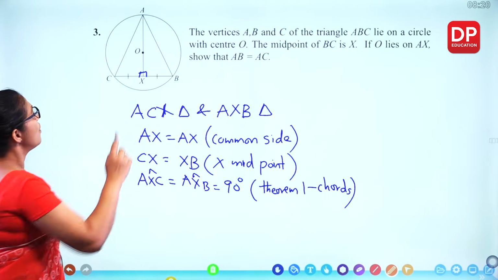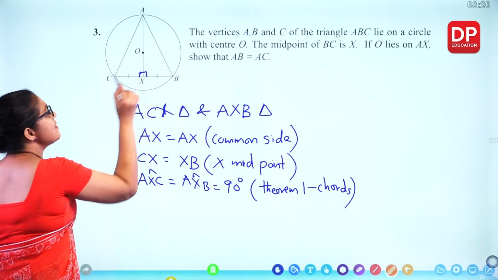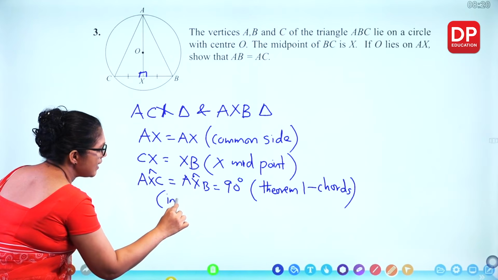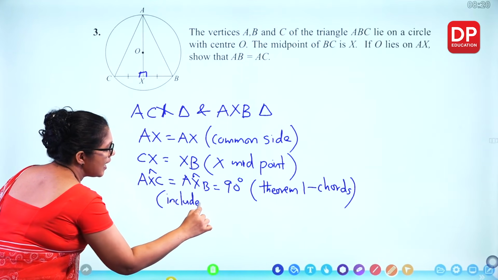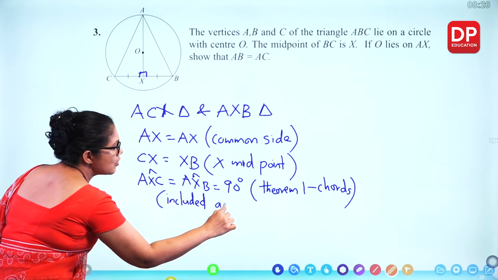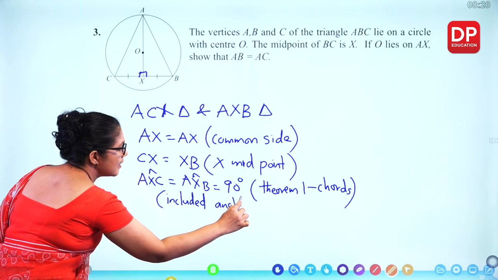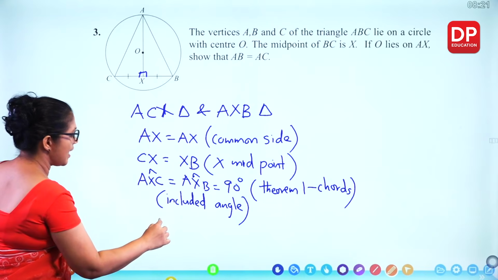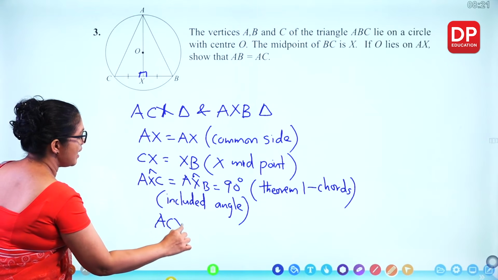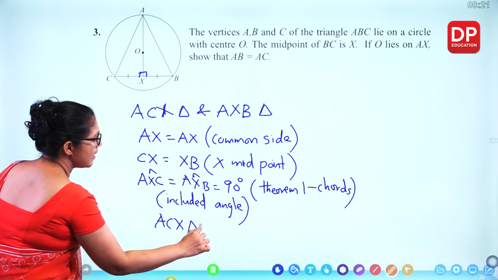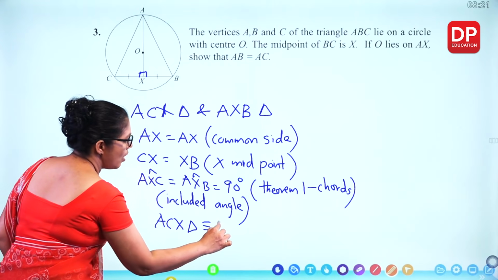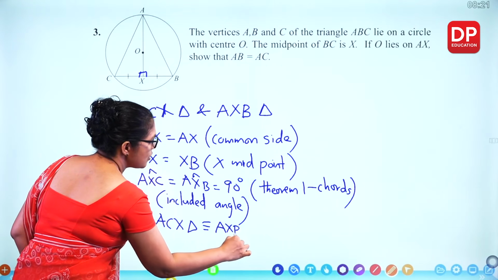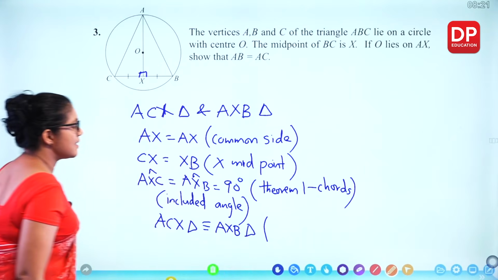So these two lengths and this is also the included angle. So what can you say about two triangles? Two triangles are congruent. So we can straight away write down ACX triangle is congruent to AXB triangle. What's the situation?